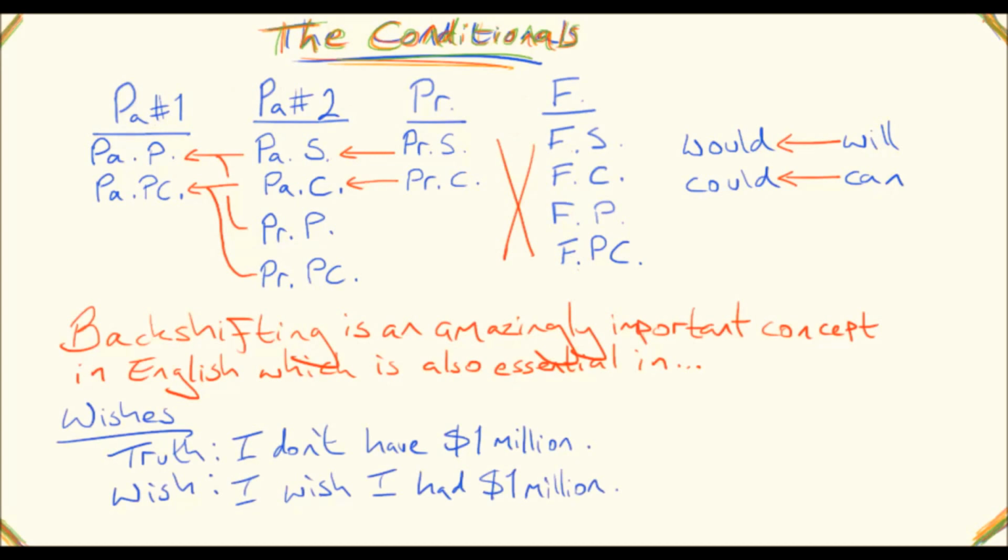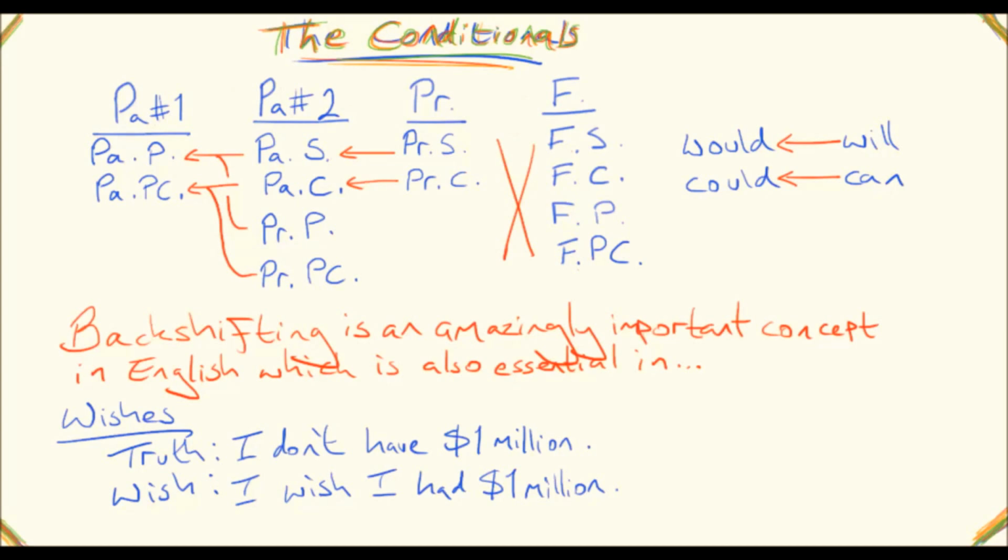First of all, wishes. Now, I won't go into this in too much detail, but wishes are very similar to conditionals. The truth, I don't have $1 million. Well, that's present simple, right? Do not have. The wish, I wish I had $1 million. So we've made negative become positive, and we've backshifted one tense from present simple to past simple.